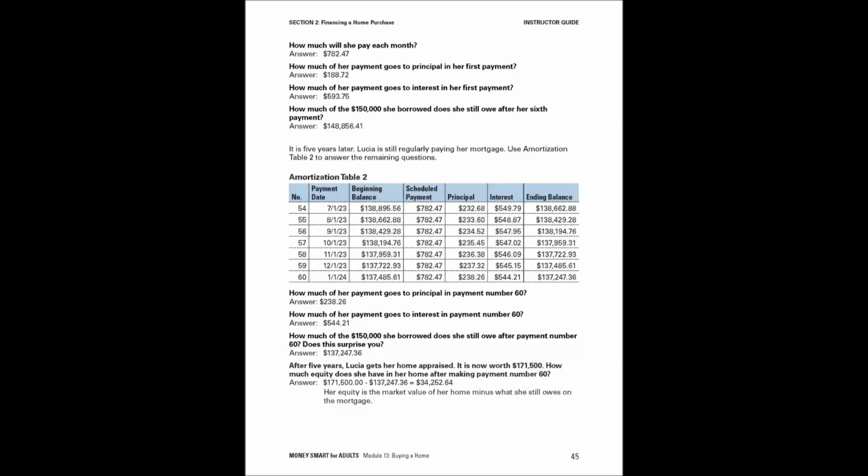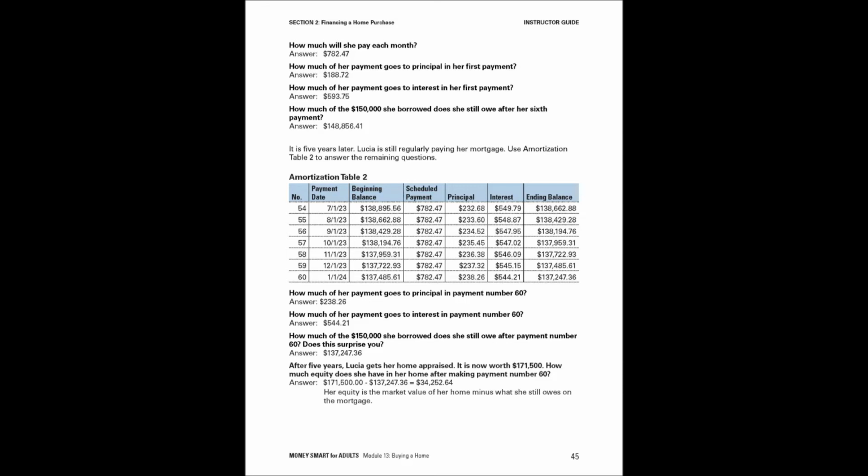And what's great about this is that at the end of this exercise, you're going to be able to see exactly how much equity is in the property. And that's going to be a very, very good conversation to have, because a lot of people want to know how much their homes are going to be worth in terms of equity as they pay down their mortgage.